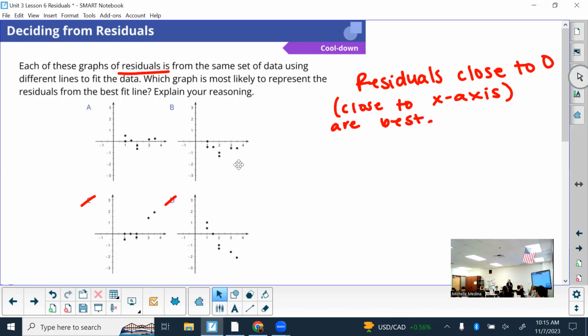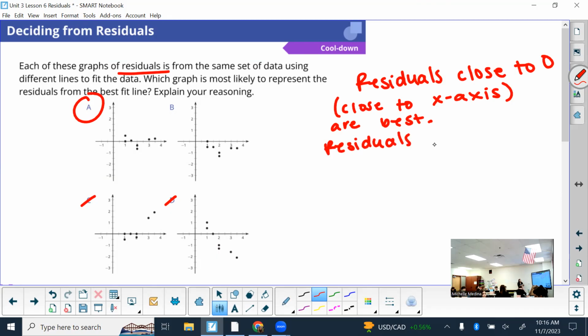All right, raise your hand if you think A. Raise your hand if you think B. Okay, A is best. It has it close to the x-axis. And it has some residuals that are positive, some that are negative. So residuals close to the x-axis are the best.